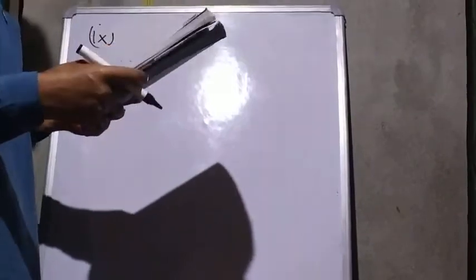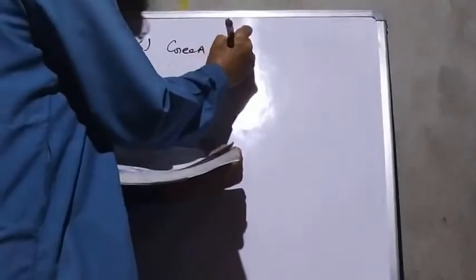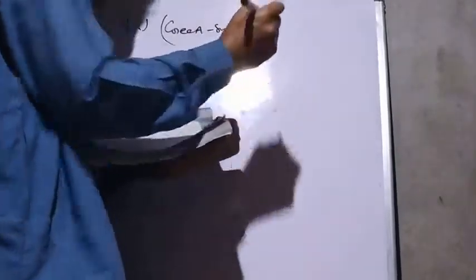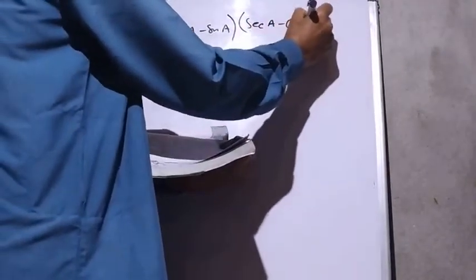Now the ninth question of this exercise, you have to simplify left hand side and right hand side separately. And here left hand side is (cosec A minus sin A) into (sec A minus cos A).